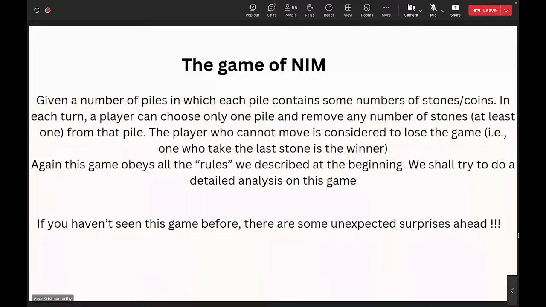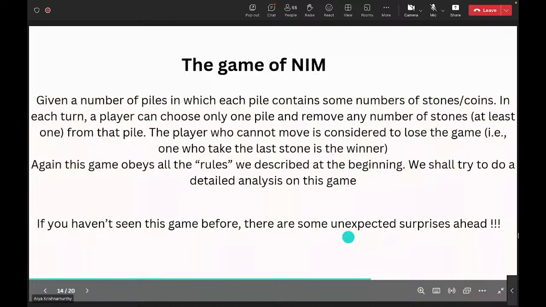Given a number of piles in which each pile contains some number of stones or coins, in each turn, a player can choose only one pile and remove any number of stones, at least one, from that pile. The player who cannot make a move is considered to lose the game. That is, the one who takes the last stone is the winner.